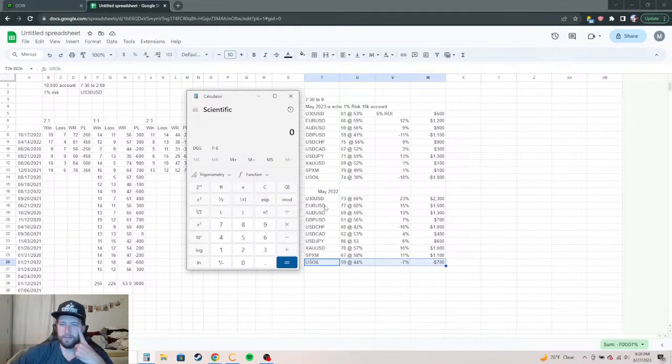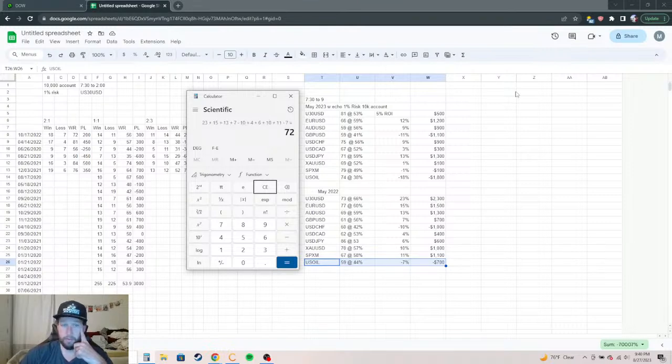Okay, let's do the same thing for May of 22. See if the results are much different. So we had, what, it was 17 and then 42, I think. Alright, so let's do the total. 23 plus 15 plus 13 plus 7 minus 10 plus 4 plus 6 plus 10 plus 11 minus 7.